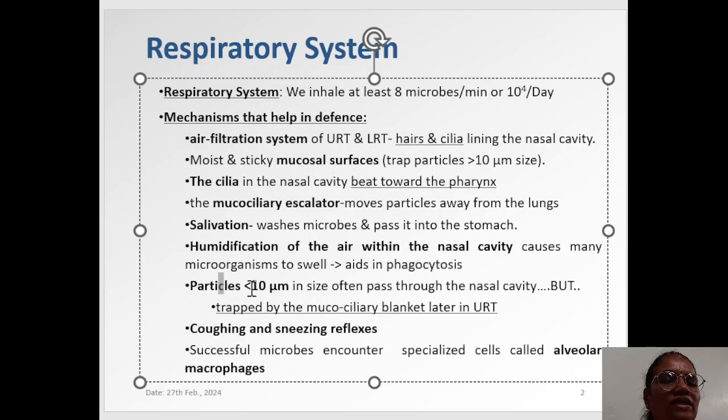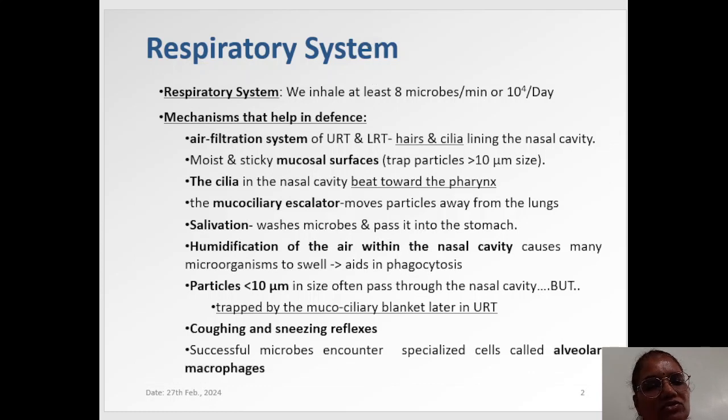Now, those particles smaller than 10 micrometer will enter the lower respiratory tract. However, they come in contact with a potent macrophage called the alveolar macrophage, which tries to kill these pathogens trying to enter the lower respiratory tract.